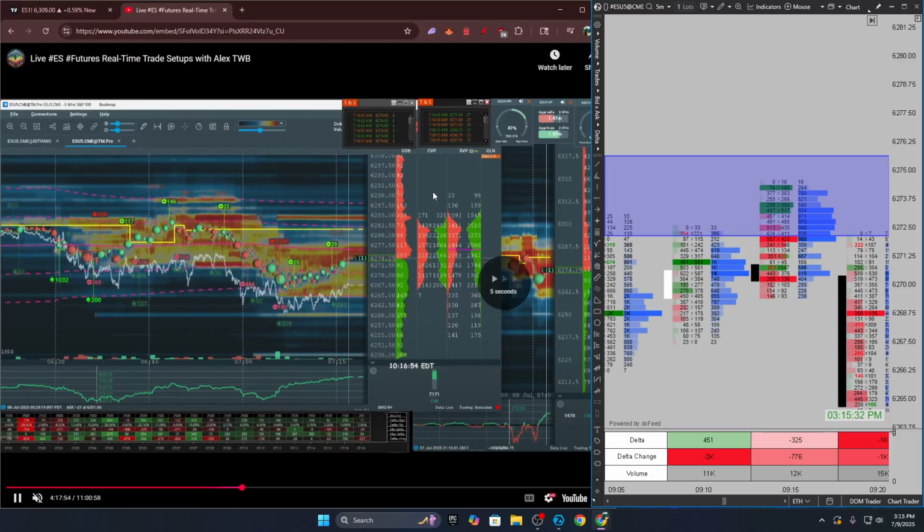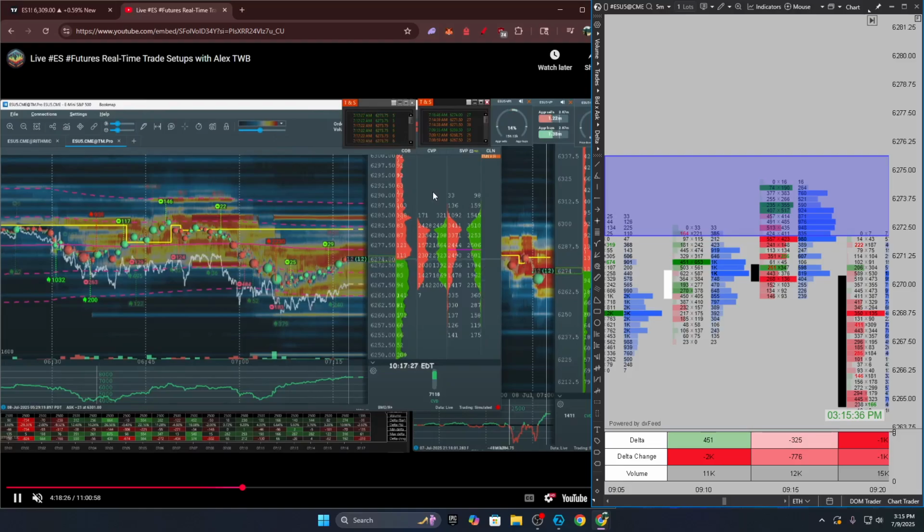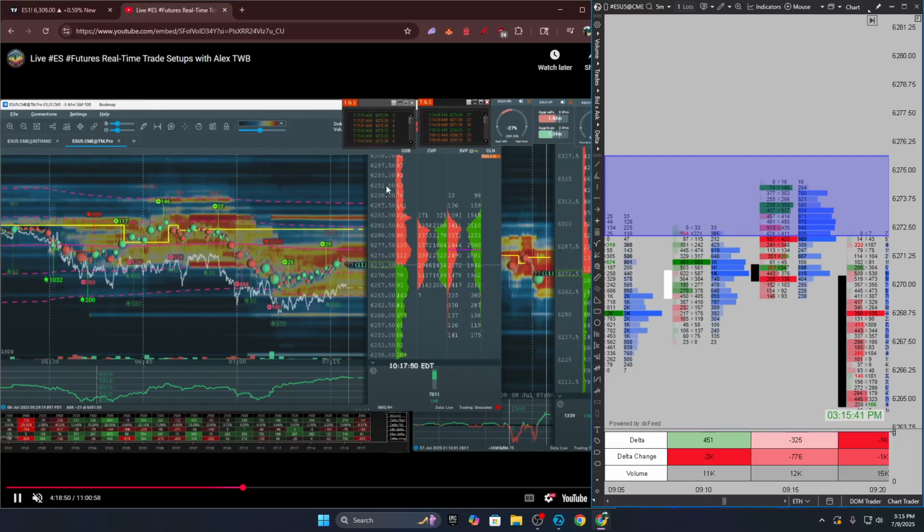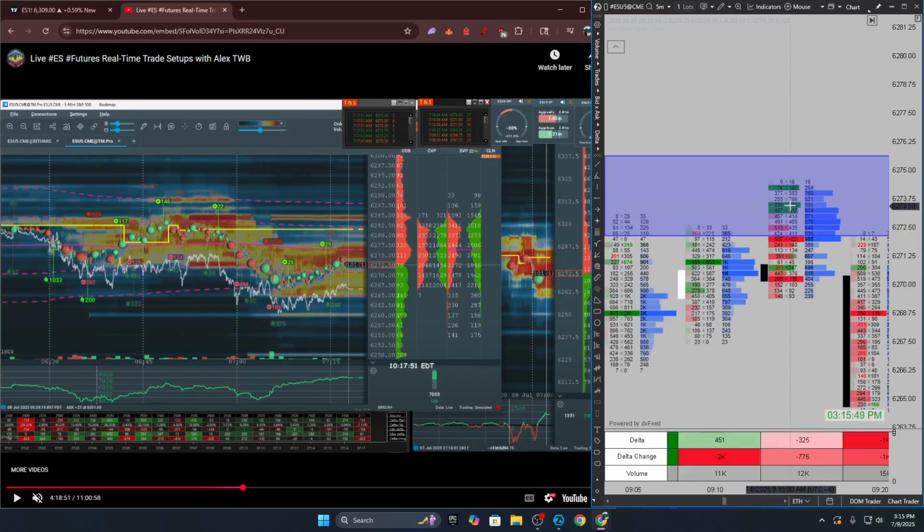And if you take a look, we come into it very aggressively, and buyers are unable to push through. They tried coming in, but now here we saw aggressive buying come in, and this aggressive buying came in with lots of volume. Take a look here. At the top where there's high amounts of volume, we're seeing high buying delta.